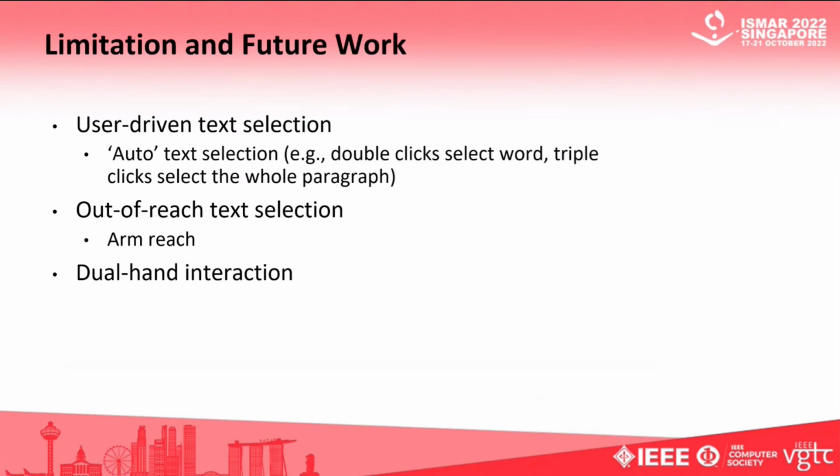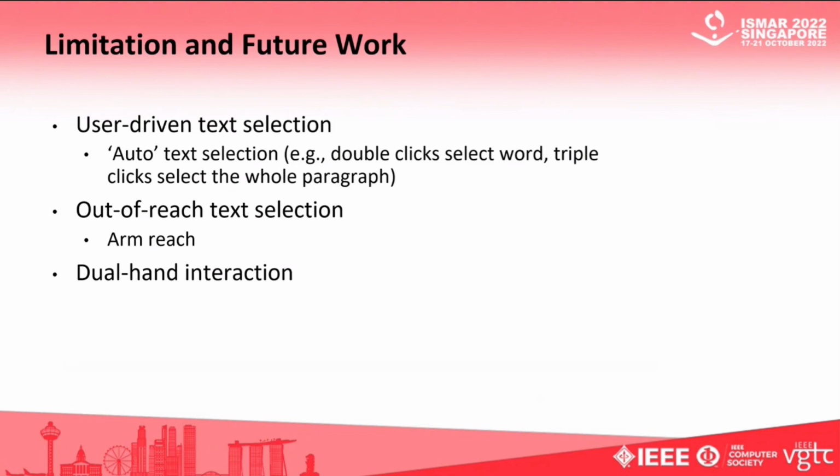Currently, we only focus on out-of-reach text selection because we assume our condition is a reading task condition. In the future, we can explore these studies in arm reach, and the techniques will be very different. Currently, we only focus on single hand interaction.